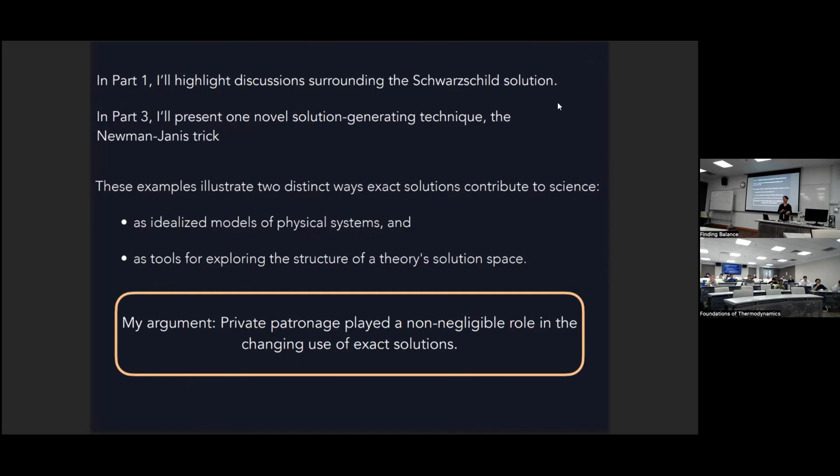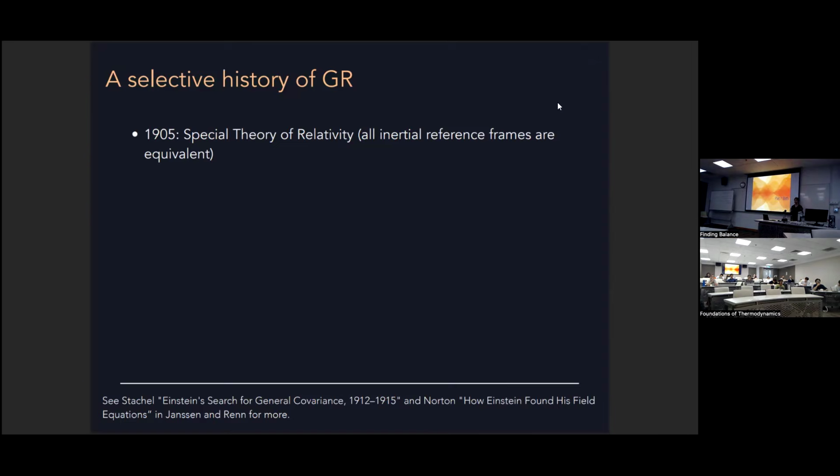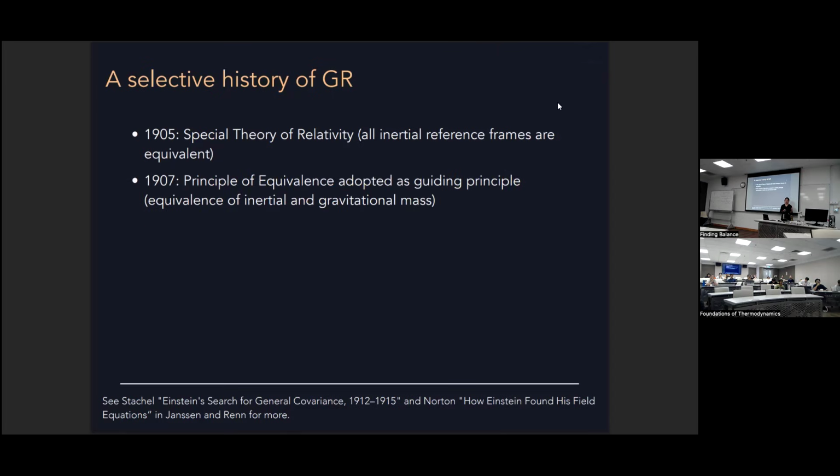Okay, so let's get started with part 1, birth. I'm going to give you a very, very selective history of general relativity. In 1905 we have special relativity, which gives us the claim that all inertial frames of reference are equivalent. In 1907, Einstein adopts the principle of equivalence, the equivalence of inertial and gravitational mass, as a guiding principle for his theorizing in the coming years.